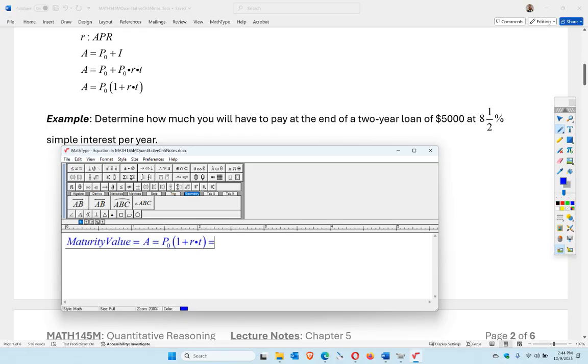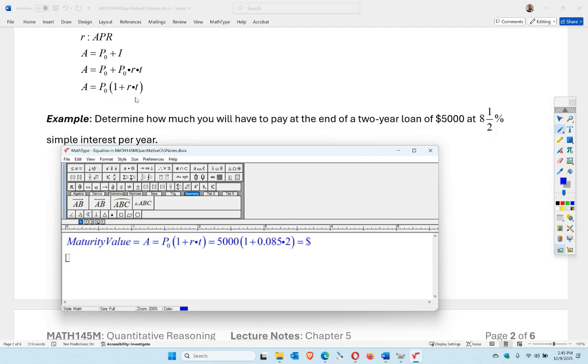Of the video, I'll type. All right, so the original principal is a $5,000 loan. And I have 1 plus the rate, which is 0.085, because it's 8.5%. And this says 2 years, so times 2. Right? Oops, I did a little wrong symbol there. Times 2. Okay. So that's going to be some amount of money, correct?